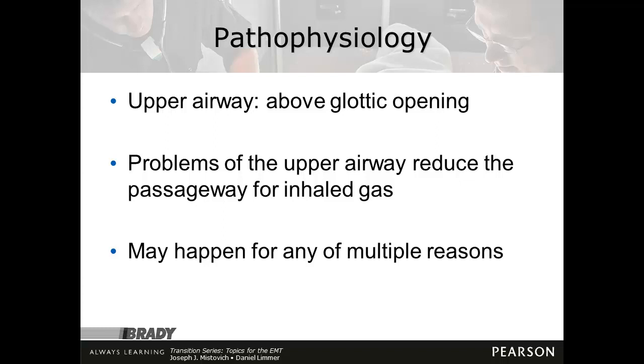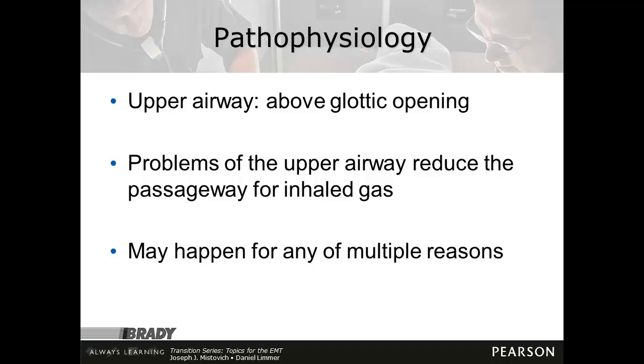When the brain is not functioning properly, the muscles and nerves that protect the airway fail. This failure frequently results in an inability to maintain one's own airway. For example, when lying supine, the muscles of the upper airway of a patient with an altered mental status may relax too much and allow the tongue and epiglottis to fall back and cover the glottis.